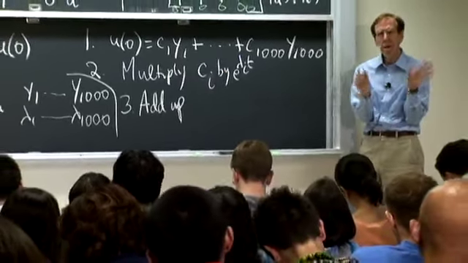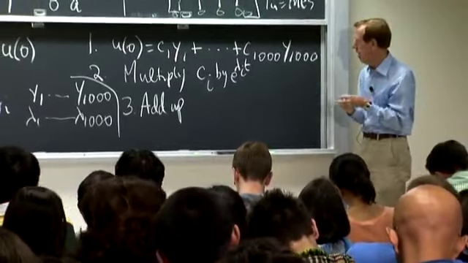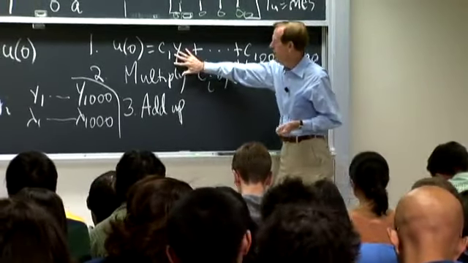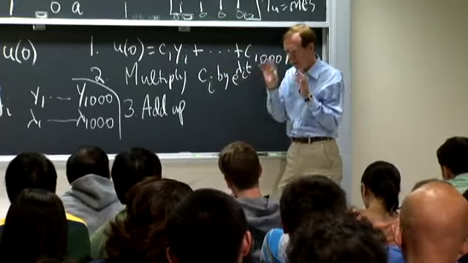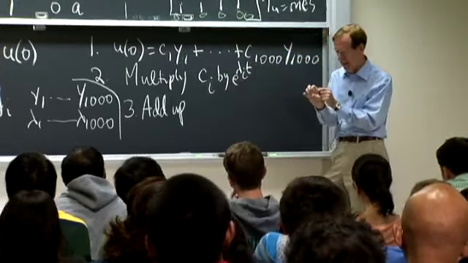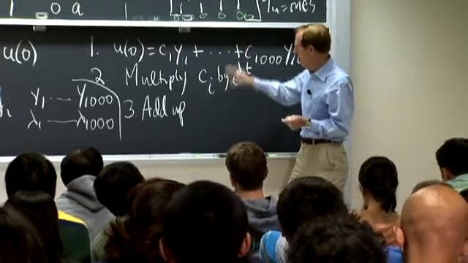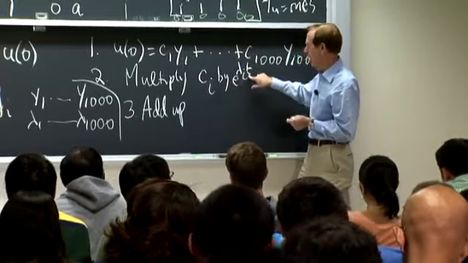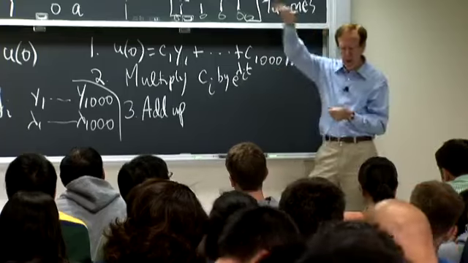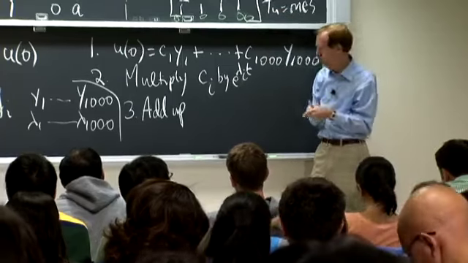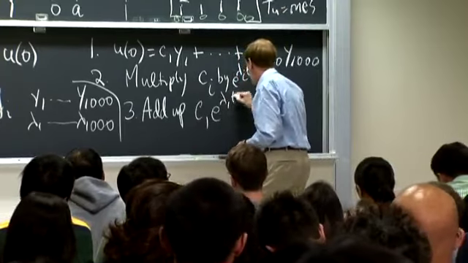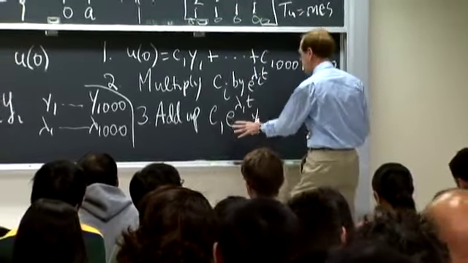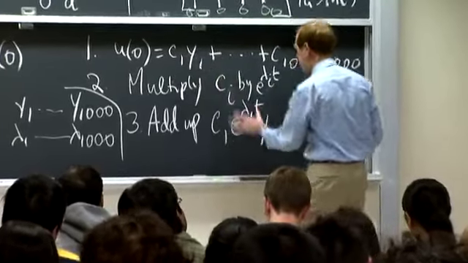Here's a piece, some multiple of the first eigenvector. If we only were working with that piece, we follow it in time by multiplying it by e to the lambda 1t, and what do we have at a later time? c1 e to the lambda 1t y1. That's what this piece has grown into.